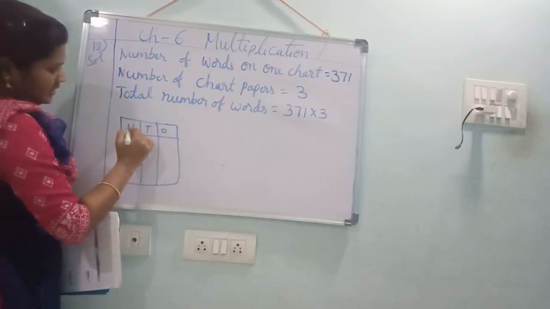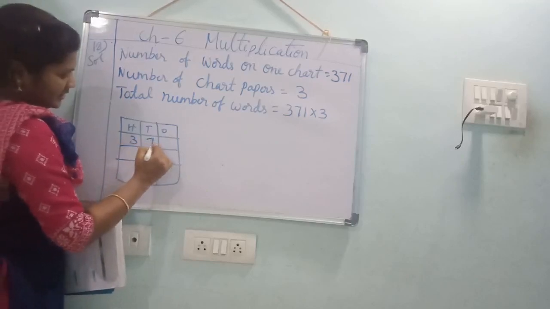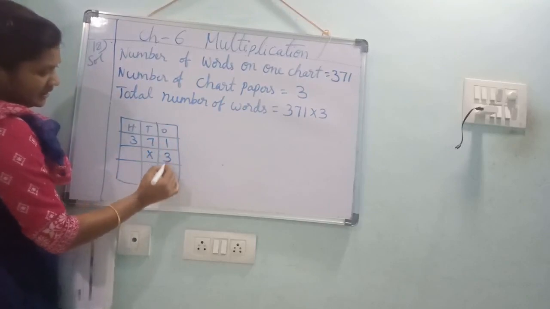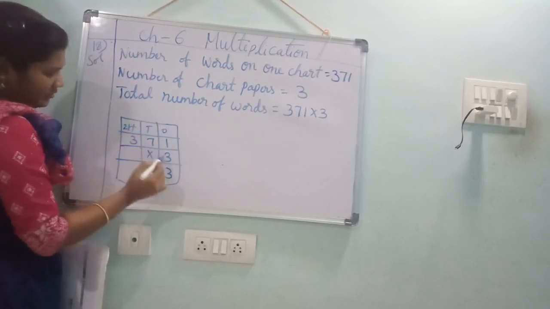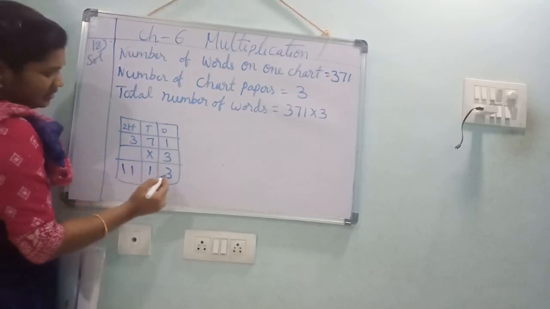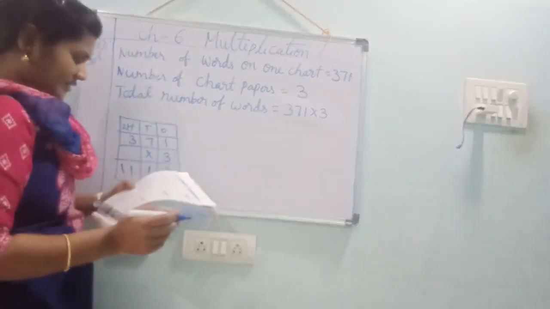Ones, tens, hundreds. 371 into 3. 3 ones are 3. 3 sevens are 21, 1 here, 2 carry forward. 3 threes are 9, 9 plus 1, 11. What is the answer? 1113.